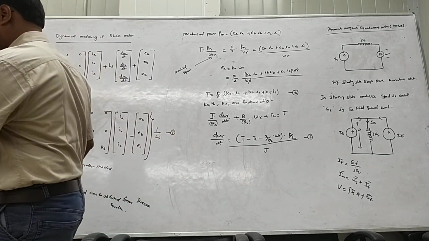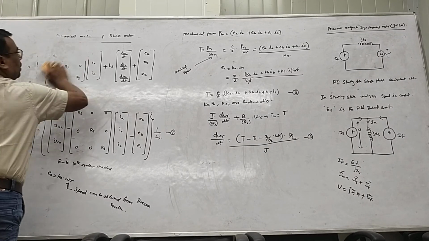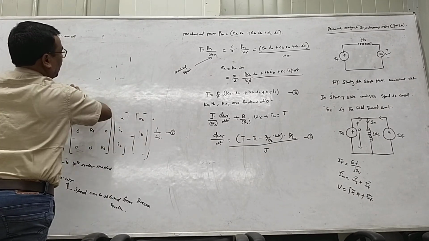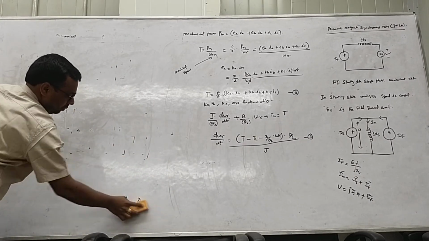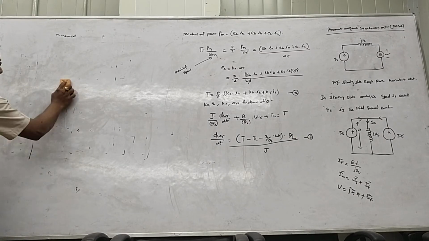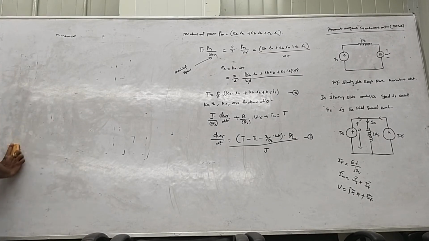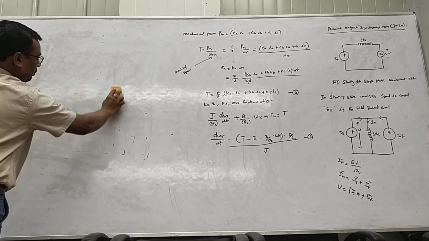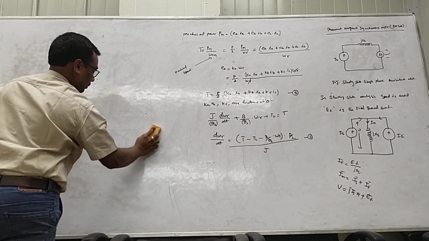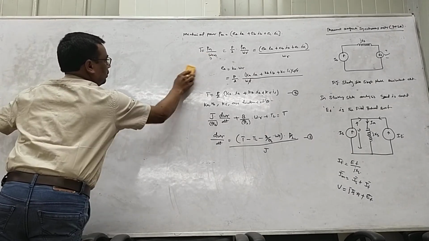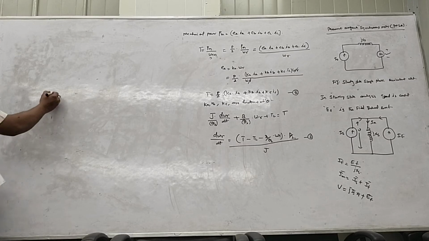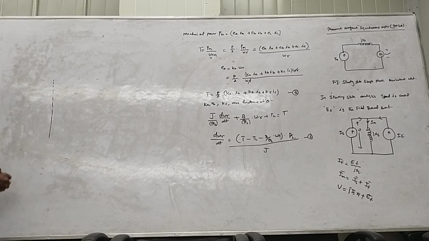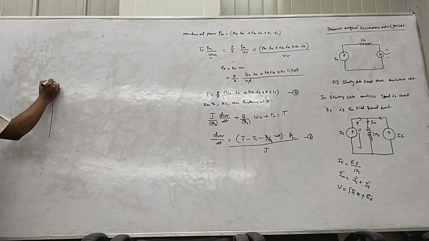So it can be represented in a phasor diagram. If you observe the phasor diagram of that particular permanent magnet synchronous motor under sinusoidal excitation, this is your direct axis, and this is your field winding.